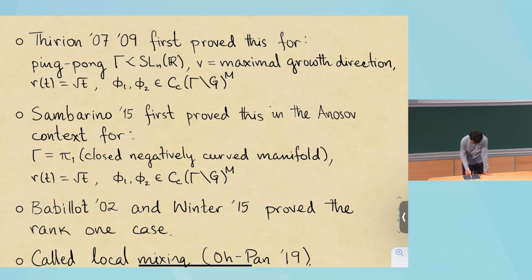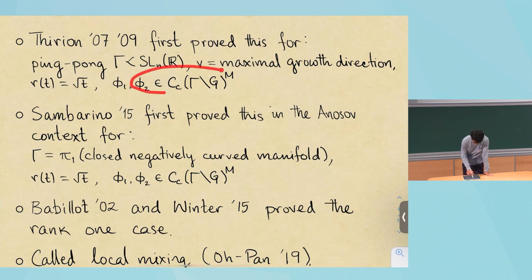And the flow is along the maximal growth direction, and you take this R map to be the square root of t, and these functions are M invariant, or in other words, these functions live on G mod gamma mod M. So that is a key difference.